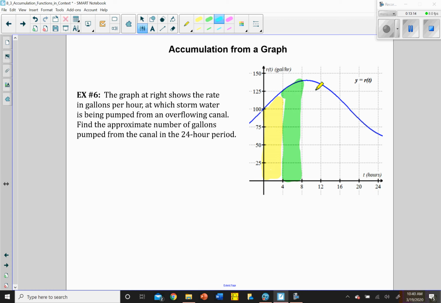And then the third trapezoid. Fourth trapezoid. Go back to yellow. Where are we going to stop? In the 24-hour period. And then one more green. Okay, so we've got to calculate the areas for each one of those trapezoids.